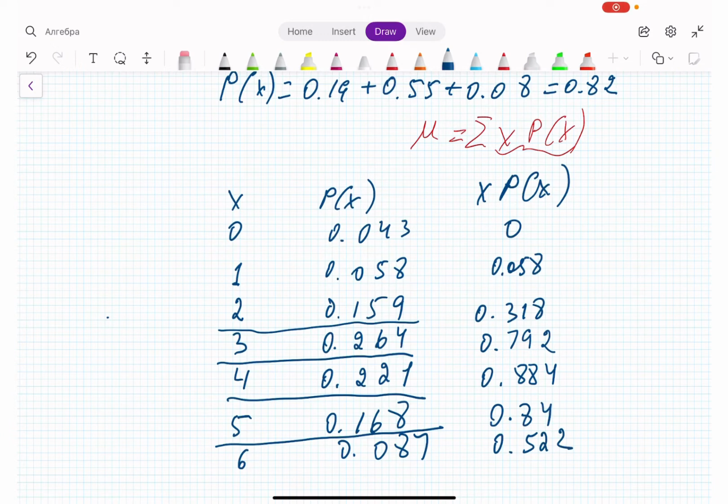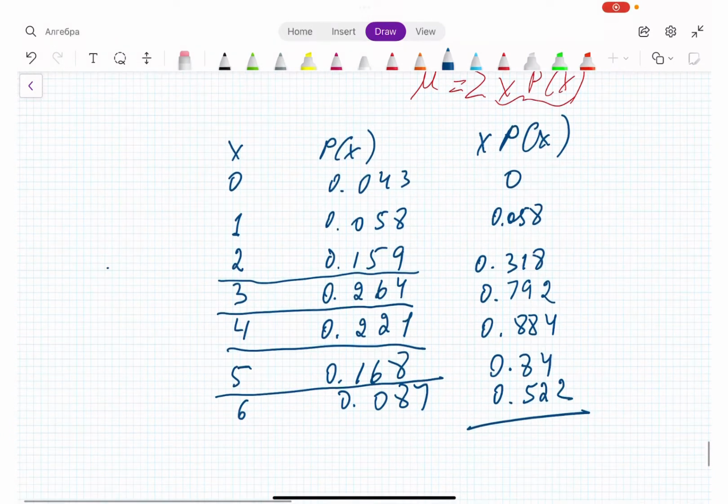Now we need to add them up. So I'm going to add it real quick. 0.522 plus 0.84 plus 0.884 plus 0.792 plus 0.318 plus 0.058, and that all is equal to 3.414, and that is going to be our mu.